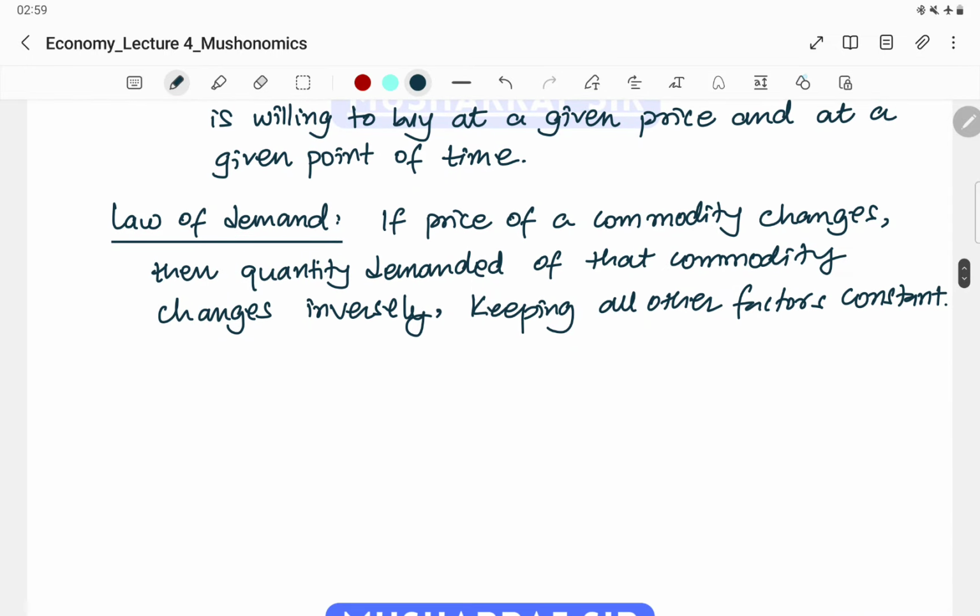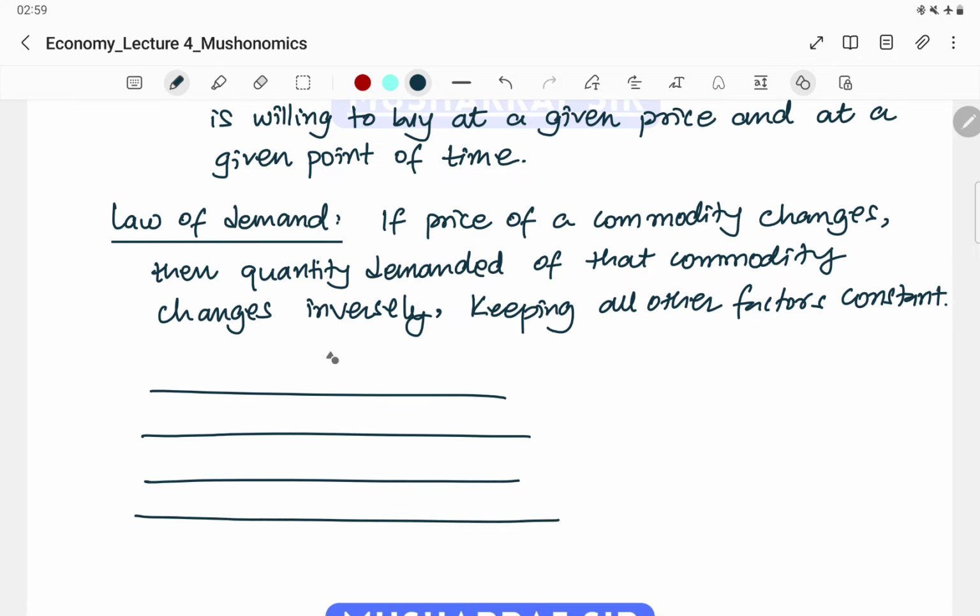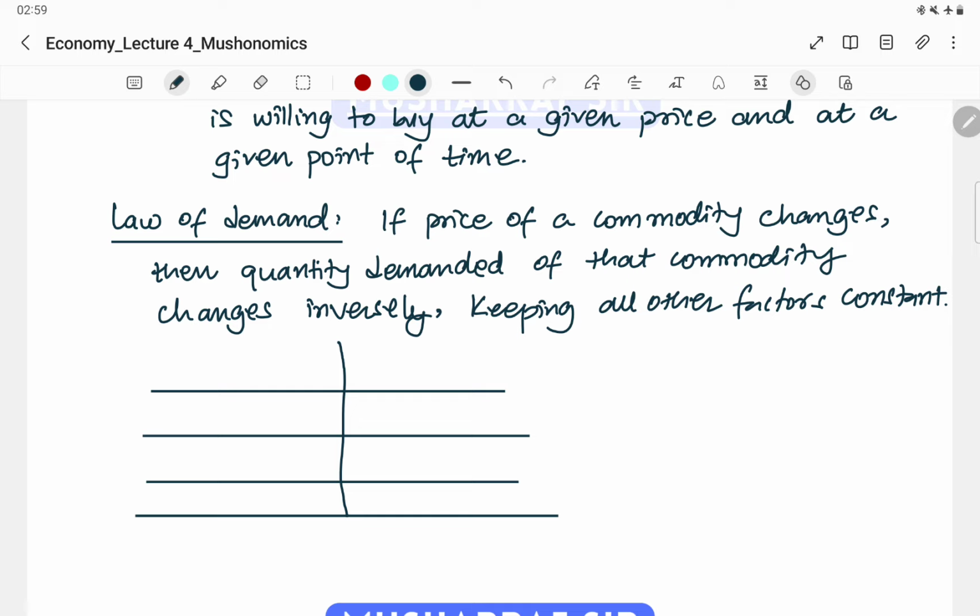Let's take an example. Let's consider this as price and this as quantity demanded, right? Suppose there is a commodity which is having price of 10 rupees.